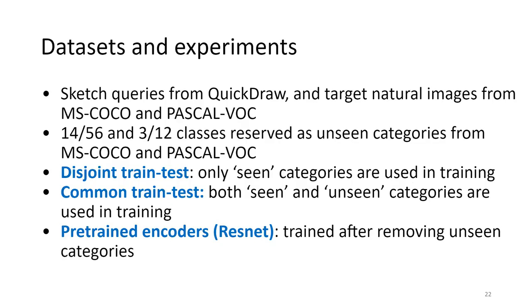We performed experiments in two settings, disjoint train test and common train test. In the disjoint train test, only seen categories are used in training. In the common train test, both seen and unseen categories are used in training. Two separate pre-trained ResNet-50 models are used as image and sketch encoders respectively. These encoders are pre-trained after removing unseen categories.